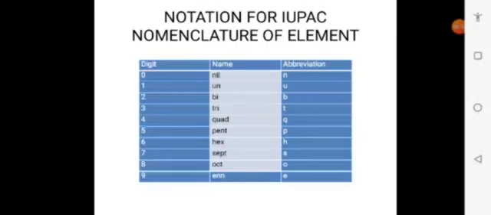In this manner, if an element's atomic number contains the digit 0, it is named as nil, denoted by n. If 1, it is denoted by un, 2 bi, 3 tri, 4 quad, 5 pent, 6 hex, 7 sept, 8 oct, and 9 enn.